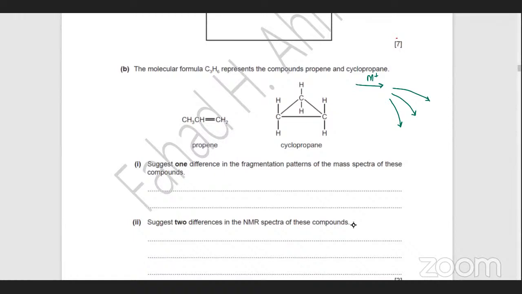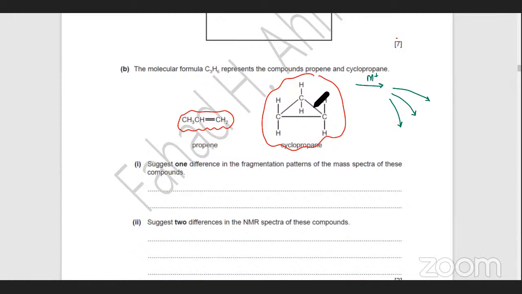What is the fragment that can be produced in this molecule and cannot be produced in this molecule? And remember, it's not the structure, it's the mass. Mass spectroscopy only measures the mass. So what mass particle can exist in the fragment of this molecule that cannot exist in the fragment of this molecule?